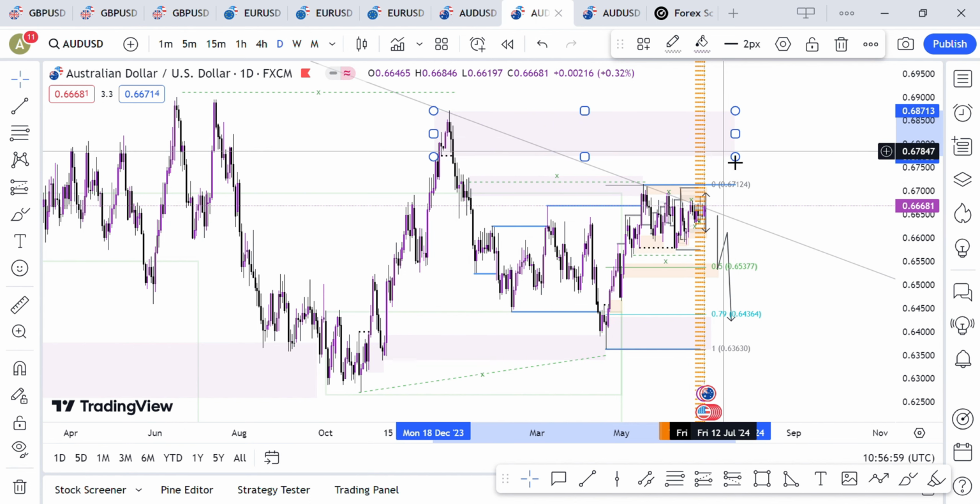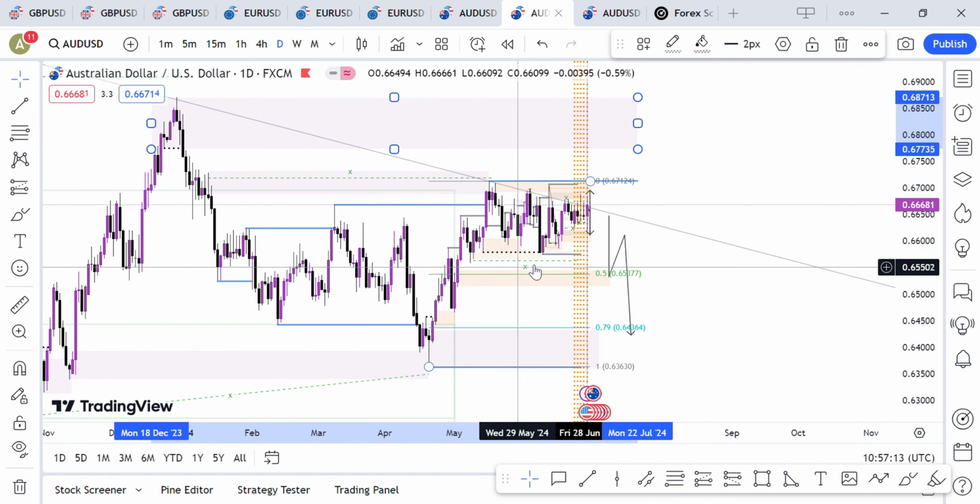So maybe I'll be expecting price to come here, then look for any change shift, then look to come and take out all these liquidities that were built right here, like this one.